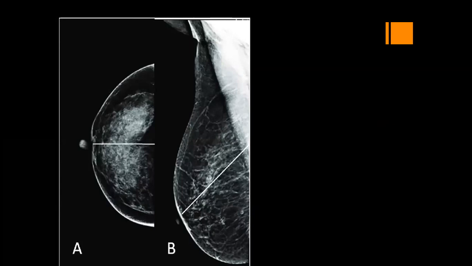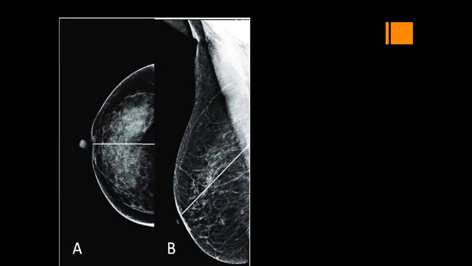BI-RADS 0. Why? Because in the craniocaudal view, I couldn't see the posterior part of the breast, and in the mediolateral oblique, I couldn't see the inframammary fold and the full length of the pectoralis major muscle. Yes, for the CC, yes. But for the MLO, you have to ask about the posterior nipple line.